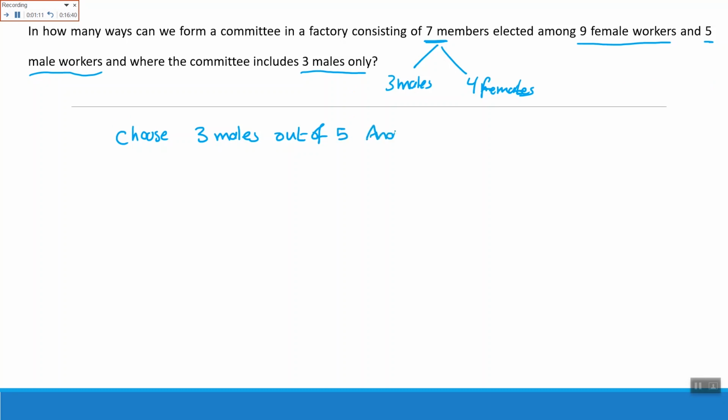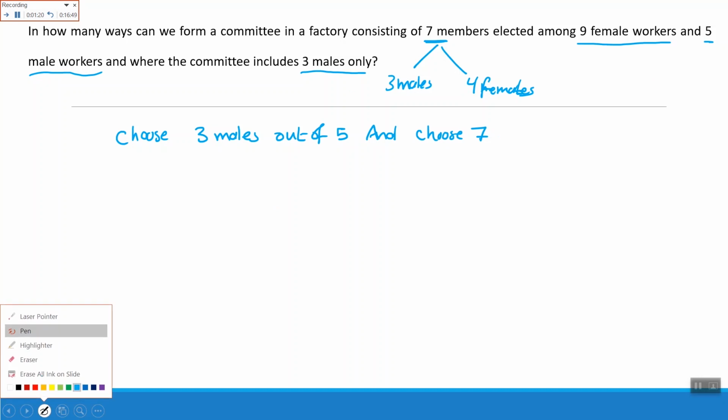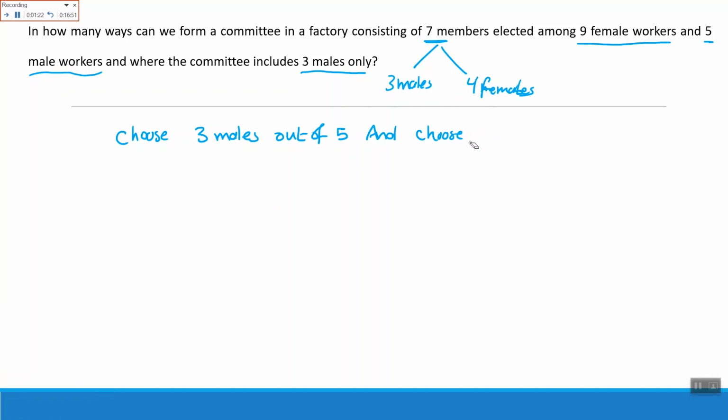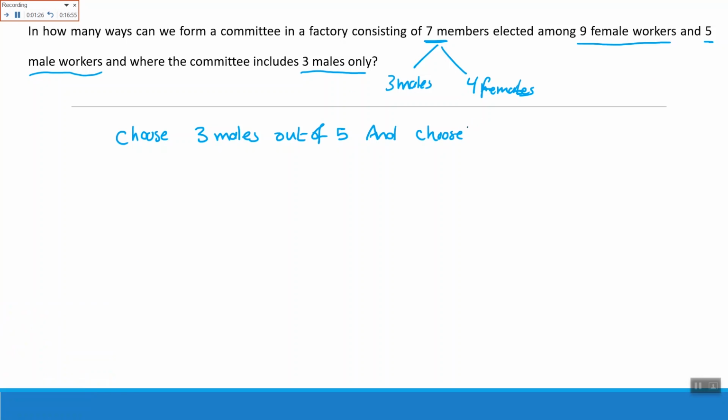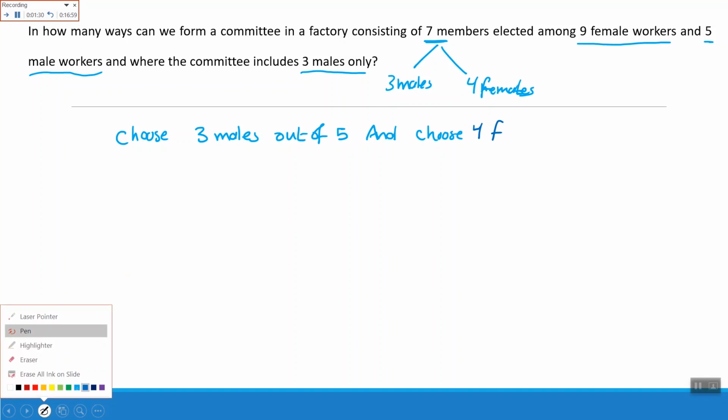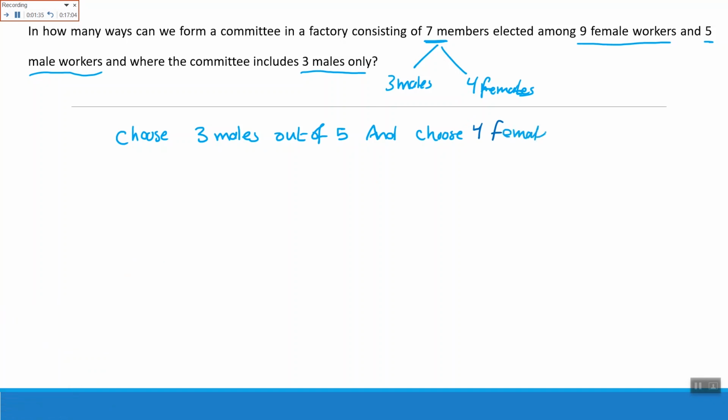And we want to choose 4 females out of 9. Okay, so it's a combination.